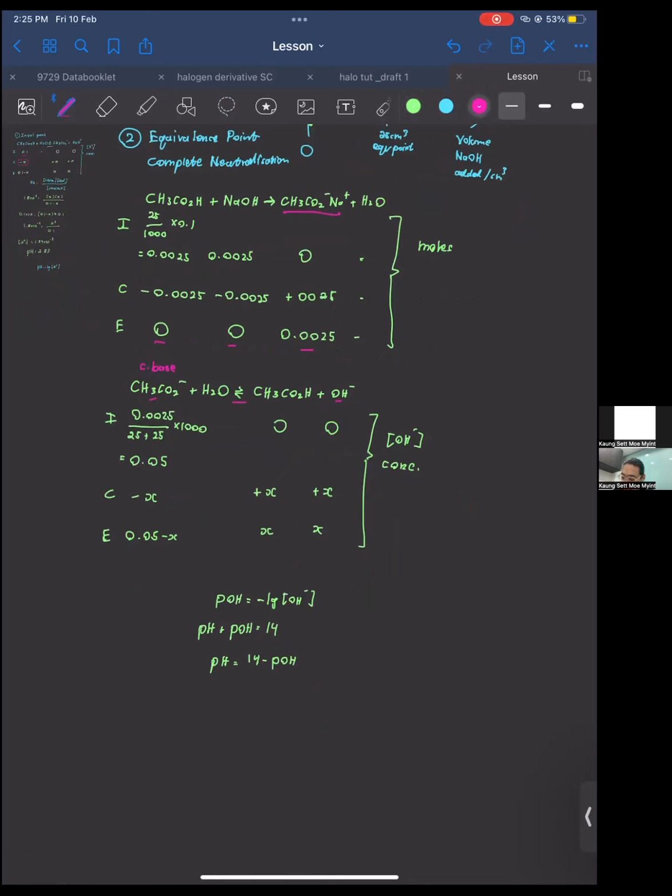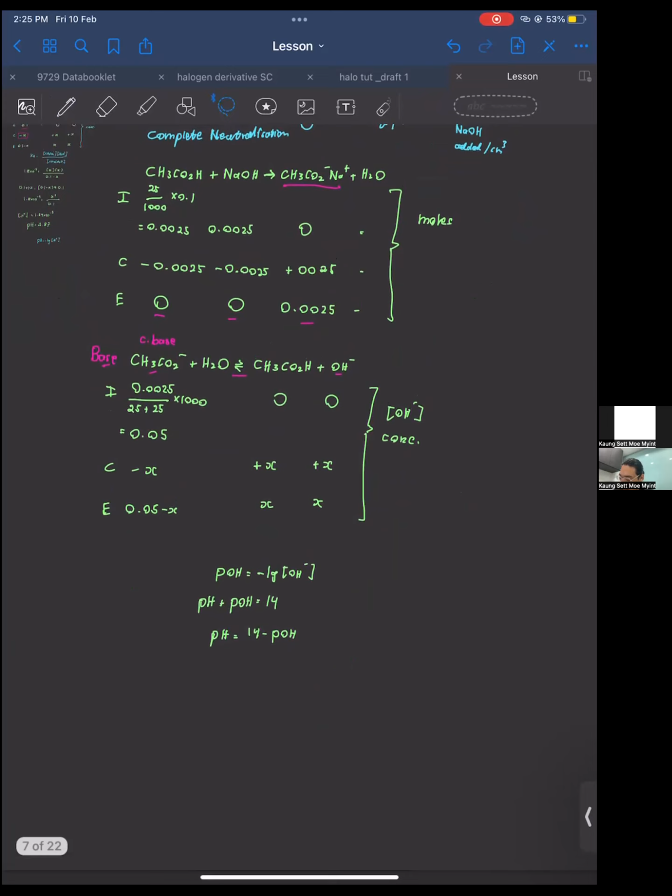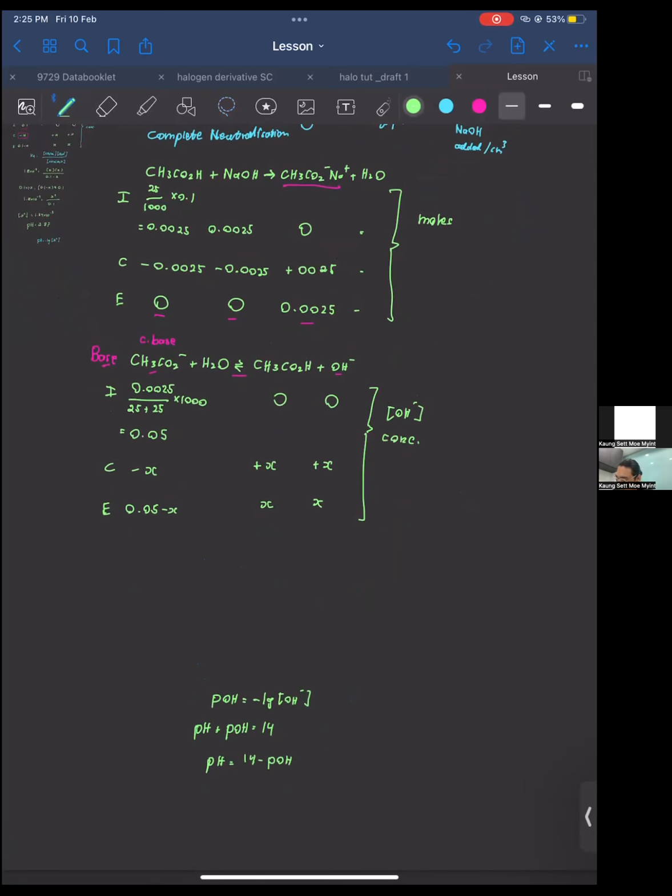This is a base dissociation equation. So you need the Kb of ethanoate to solve. So I'm going to write the Kb equation first. Okay, so Kb is products divided by the reactant. Okay, no water.